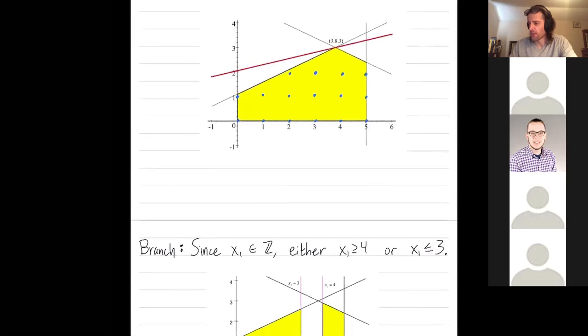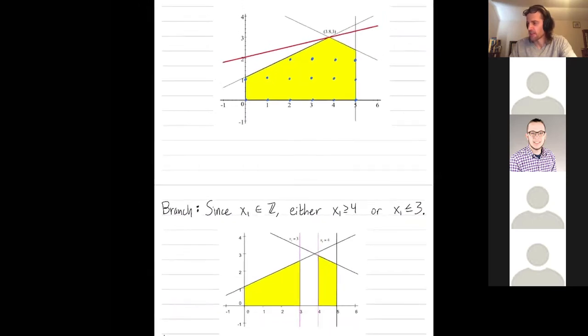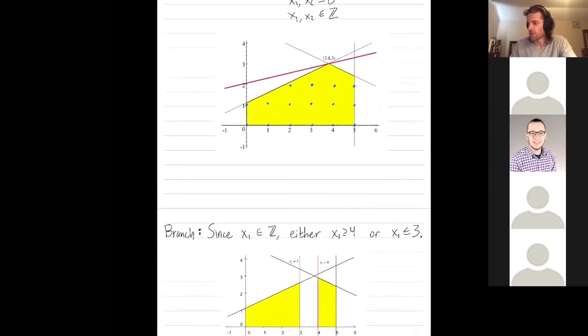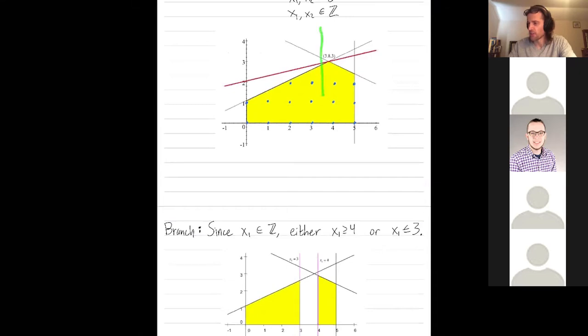The main observation that we'll be using is, let's say I wanted to look for an integer solution on the right half of this line or an integer solution on the left half of this line. Well, there's this whole bit in the middle where there are no integer solutions at all. So I can do slightly better than just dividing this at 3.5 and looking at the solutions greater than or equal to 3.5 and less than or equal to 3.5.